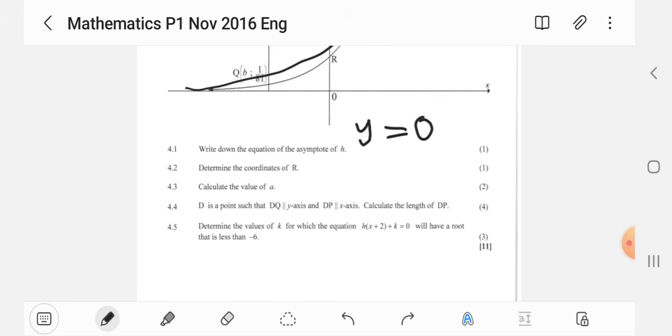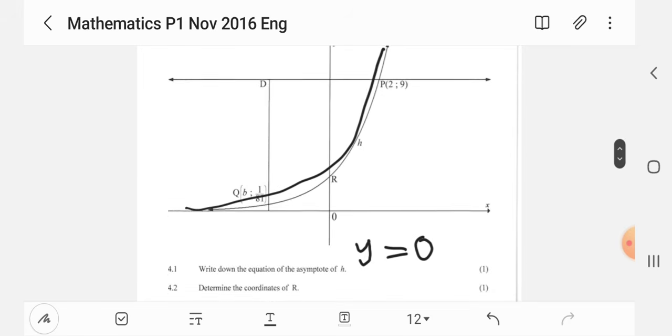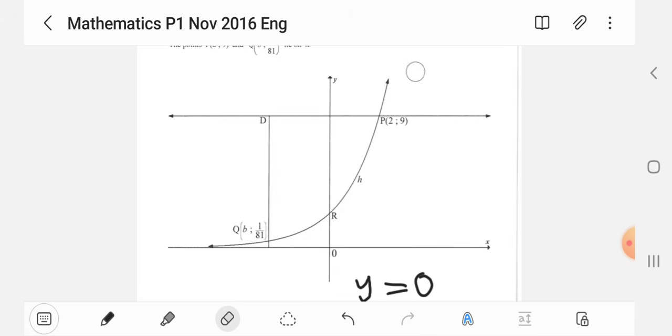Determine the coordinates of R. When you see one mark and you're told to give the coordinates, guys, you're not going to calculate. You're just going to look at the graph and you will know. So the coordinates of R are here.